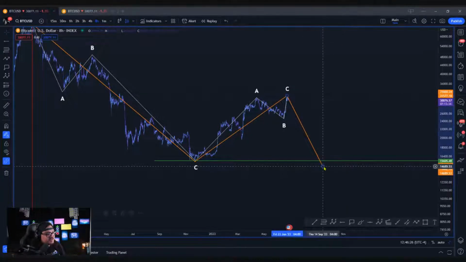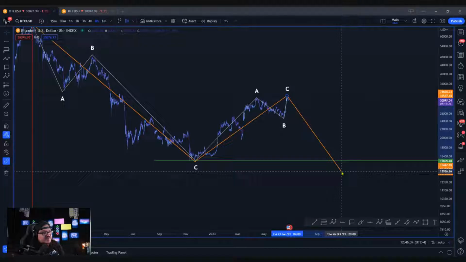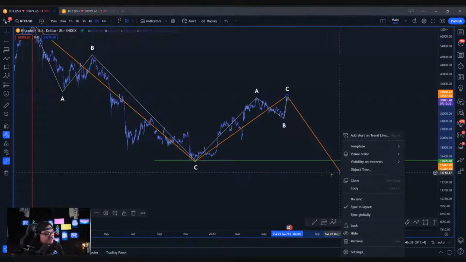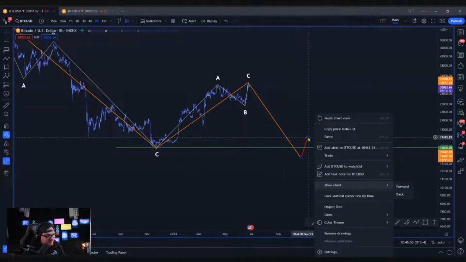Now, I don't really know exactly how much lower it's going to go past the 15.4K mark. Anything is possible here, and how I do things, I'm not too worried about exactly where it's going to go. I'm just looking for the structure to complete. And once that structure does complete, I'm primarily just looking for a reversal back above, and hopefully we can get a good trade or possible trade off the possible bottom.